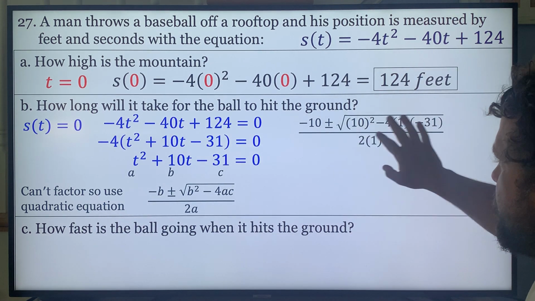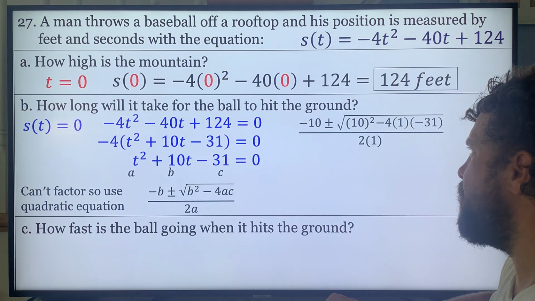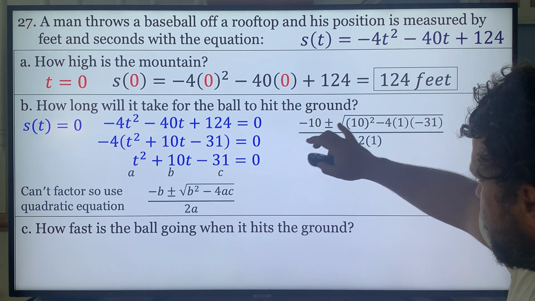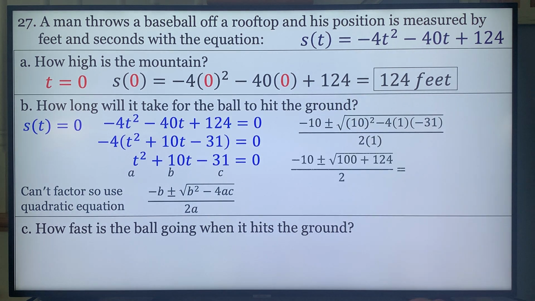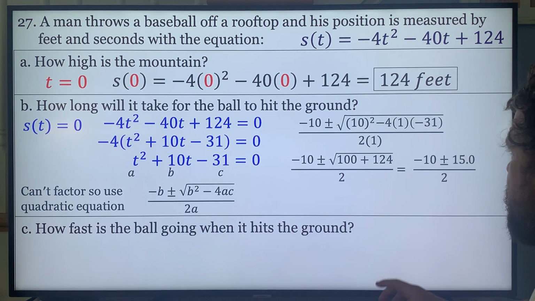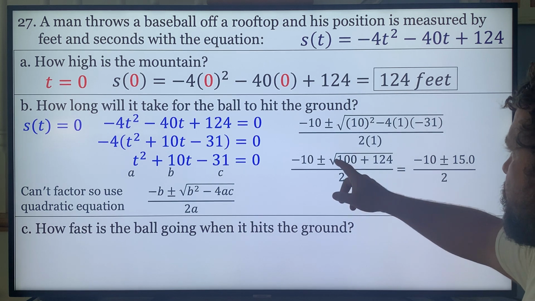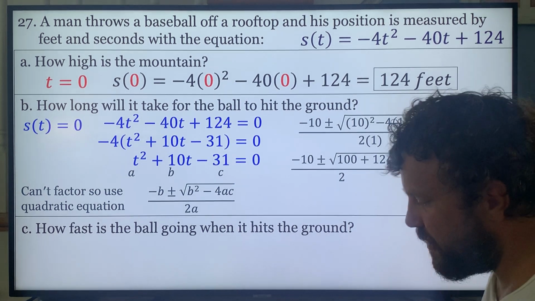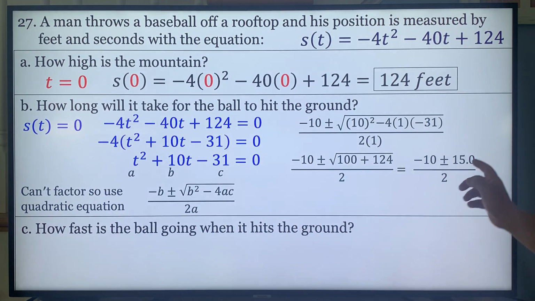All right, now, when solving this, just don't plug them into the calculator all at once, or else it most likely will mess up your answer. Negative 10 plus or minus the square root of 100 plus 124, divided by 2. The square root of 224 is about 15.0. I just went to 3 significant figures.